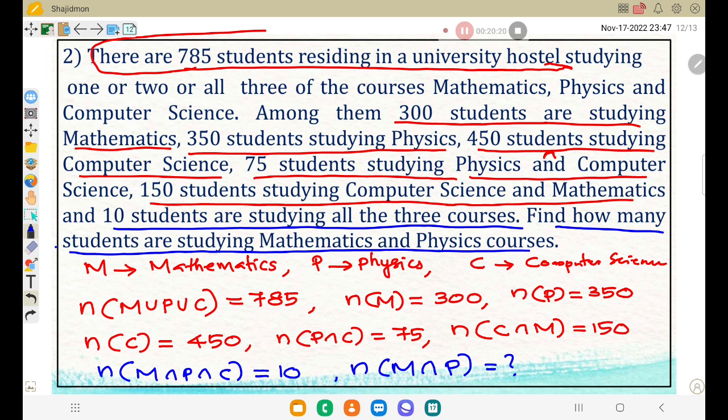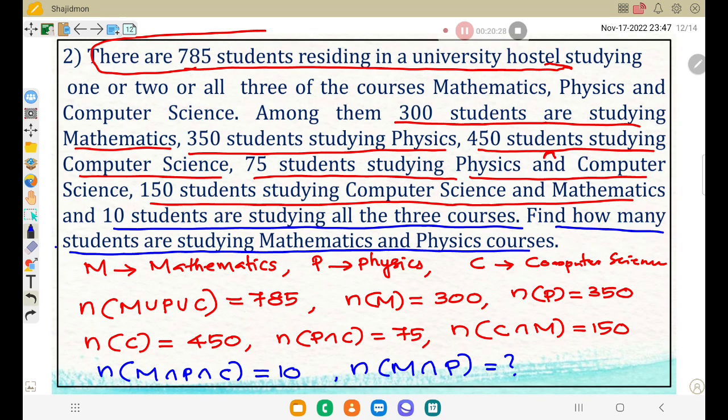So we have 3 sets here, so we can write the rule for 3 sets. Number of elements of, what are the courses? Math, physics and computer science. So the number of math union physics union computer science equals, what was the rule?